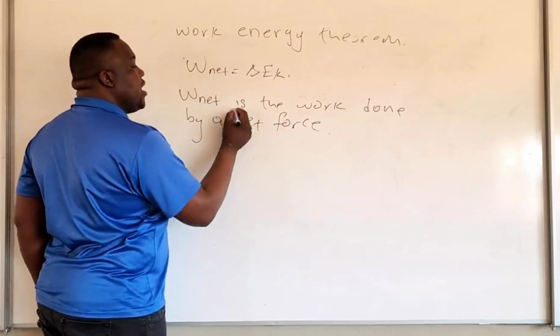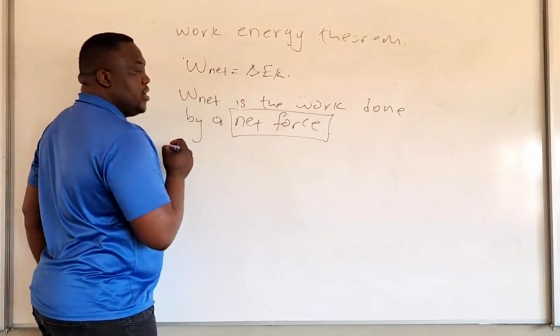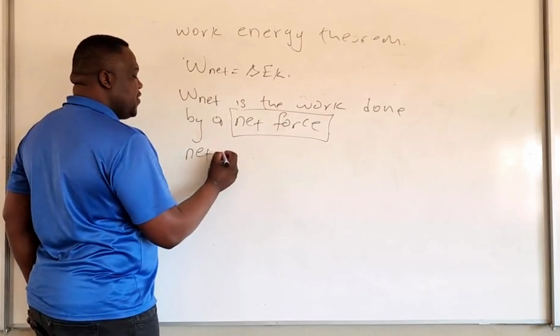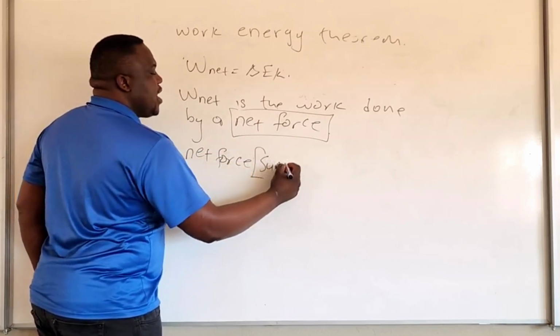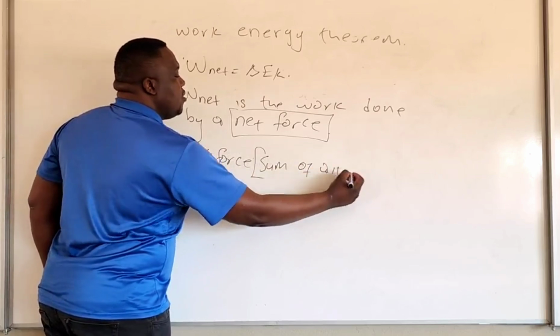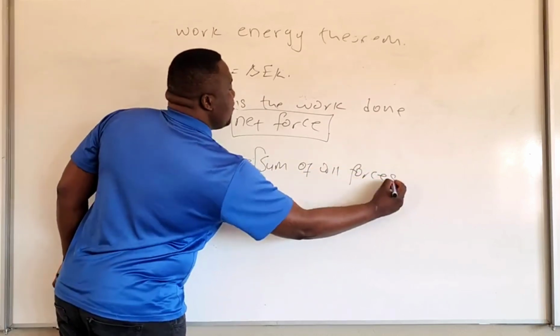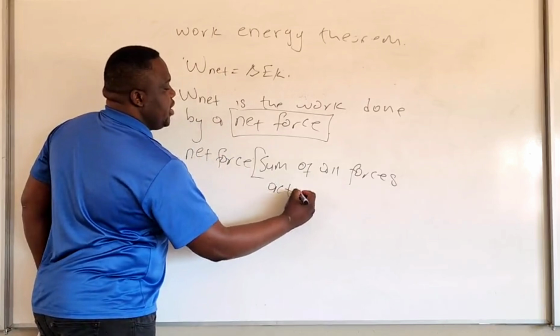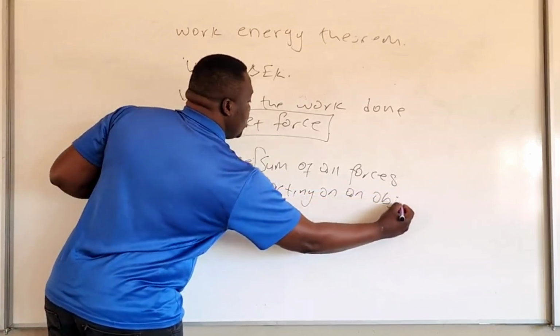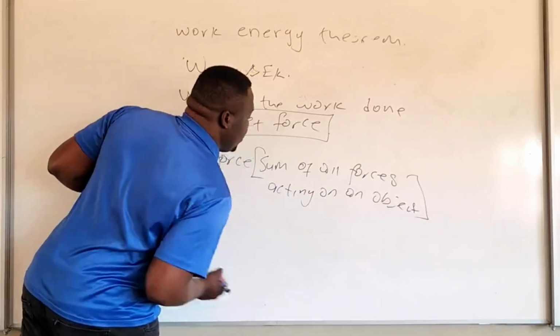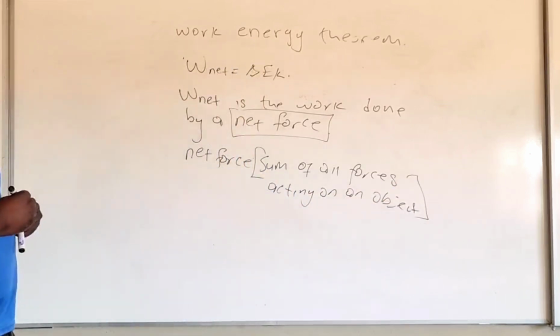Work net is the work done by a what? A net force. What is a net force? A net force is what? Sum of all forces acting on an object. Sum of all forces that are acting on an object.